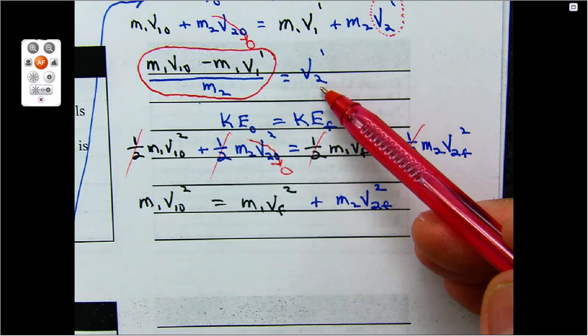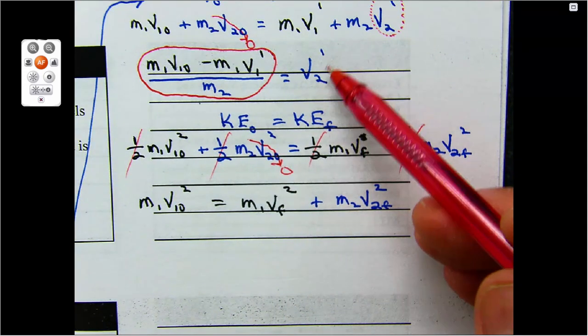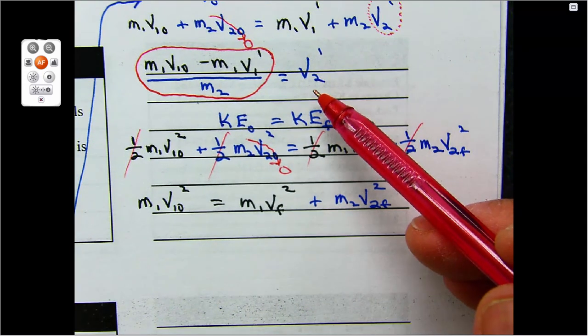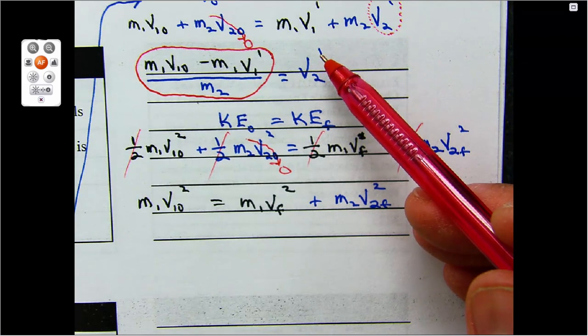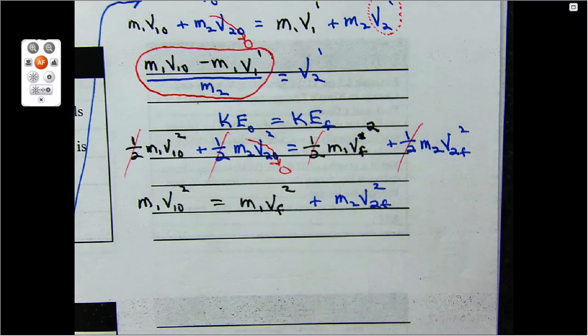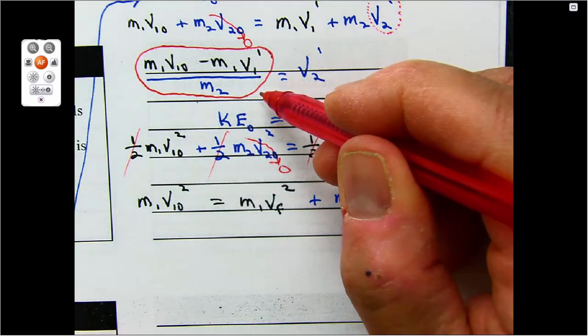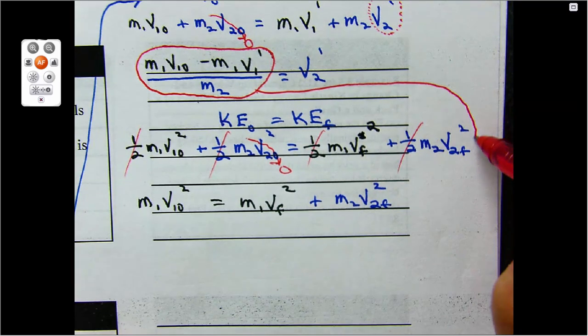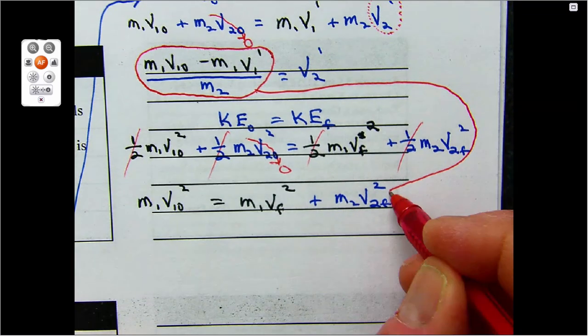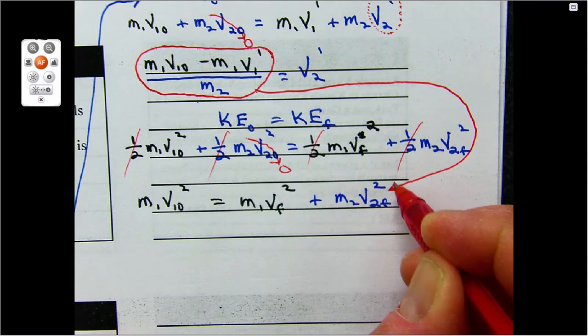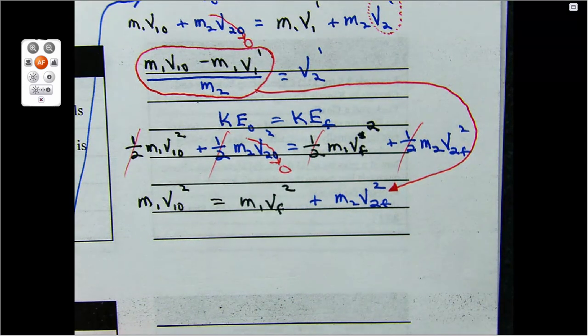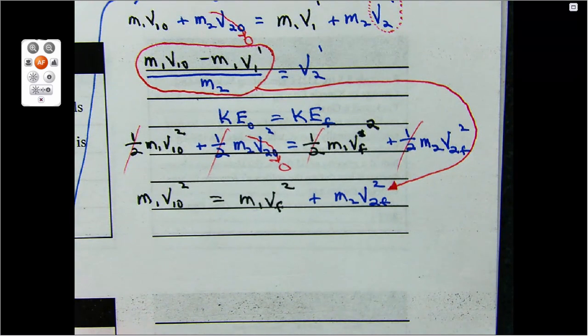I know what V2 final should be using conservation of momentum. We've got to put that in right there, right? That is what V2 final is.